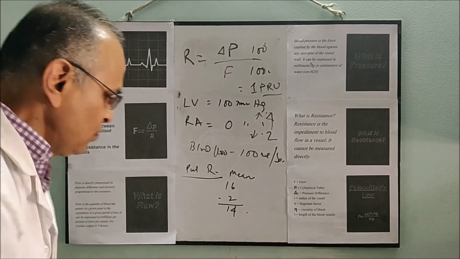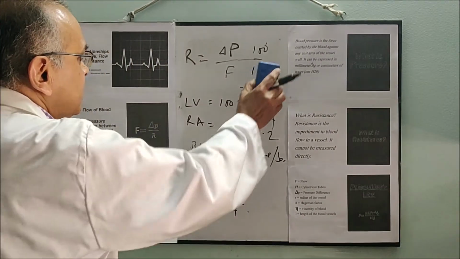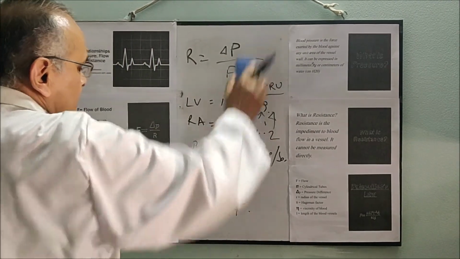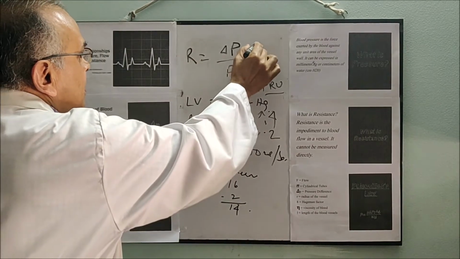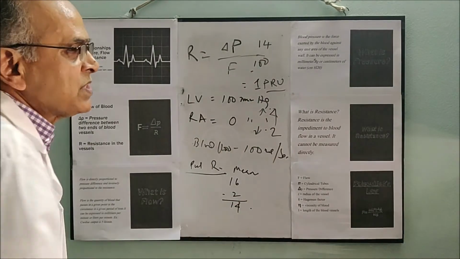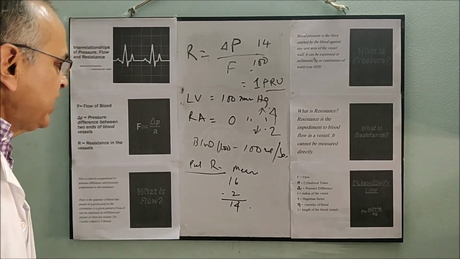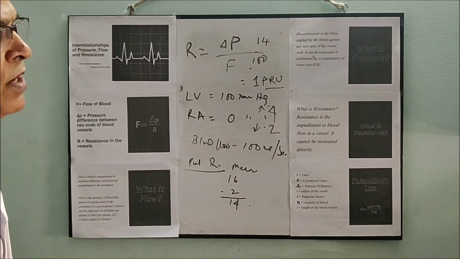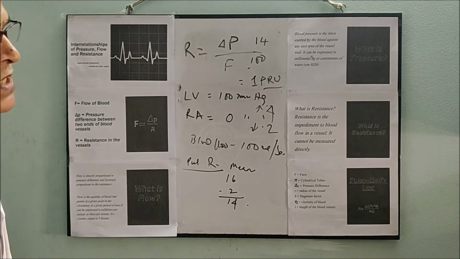Now again, if you put this figure here, 14 divided by 100, it means about 1/7. That is, the pulmonary resistance is 1/7 of systemic resistance.